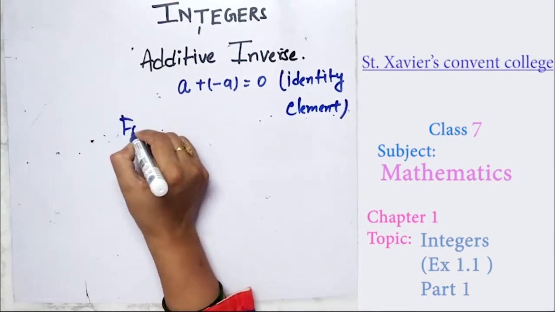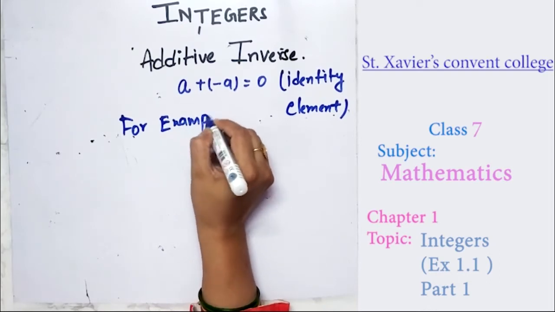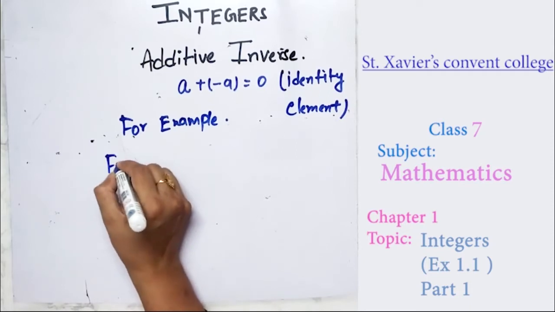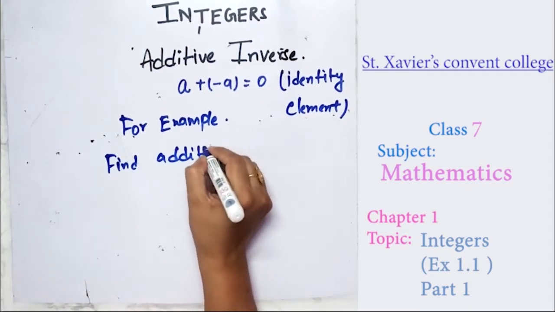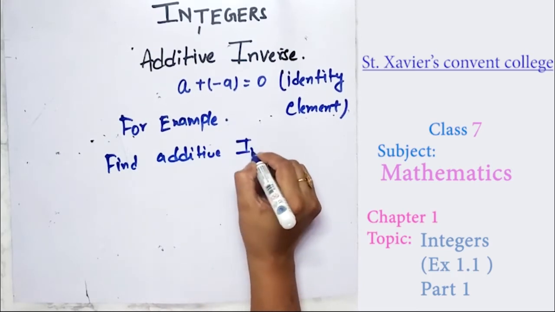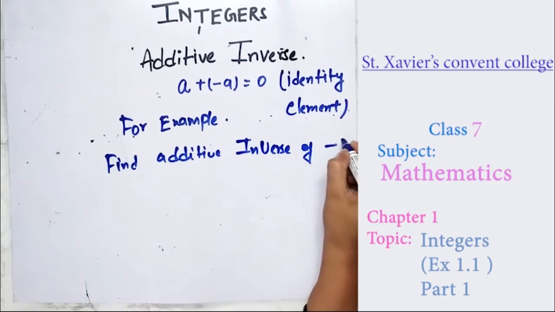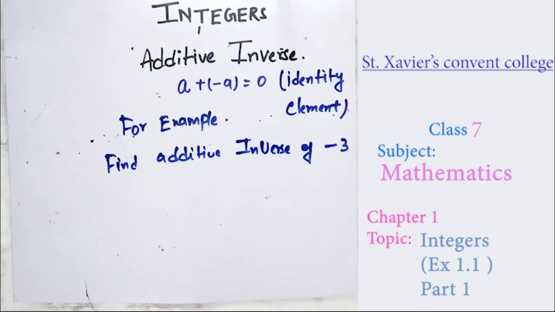For example, suppose I have given you: find the additive inverse of minus 3. So what are you going to add? If you add a plus 3 over here, you will get a 0. It means plus 3 is the additive inverse of this question.